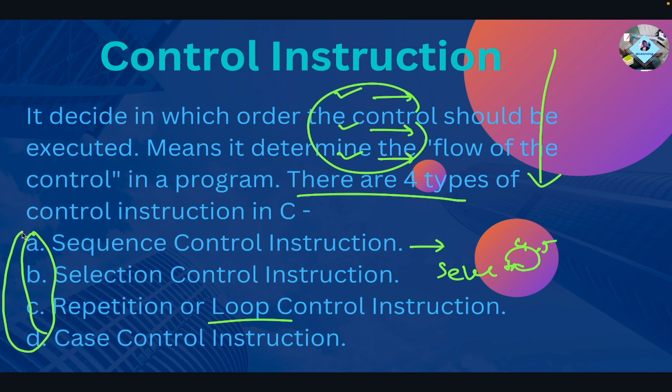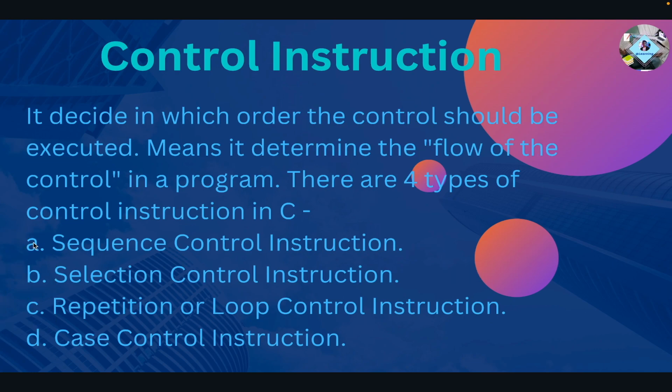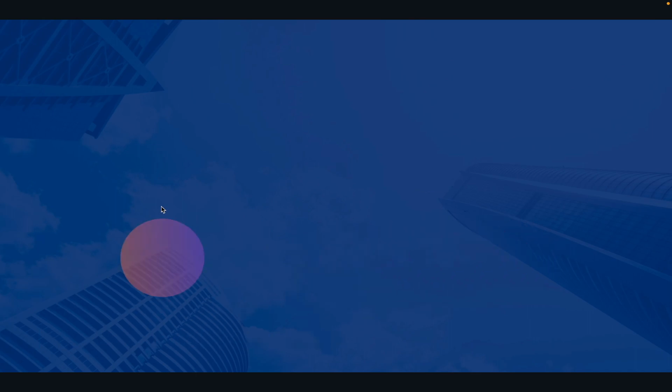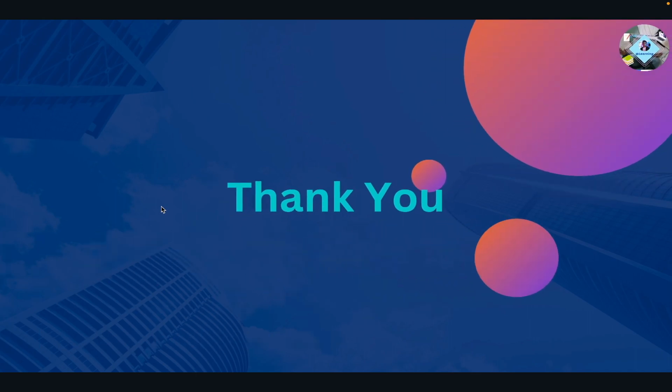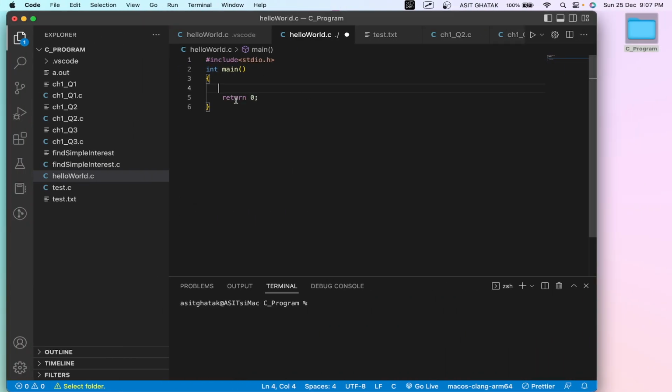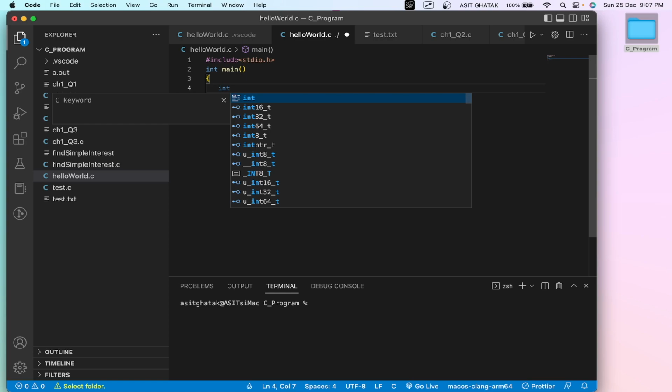Okay, so this was our today's topic. Now let us see in action everything we have learned in the previous video and this video. In the previous video we learned that declaration should come first.